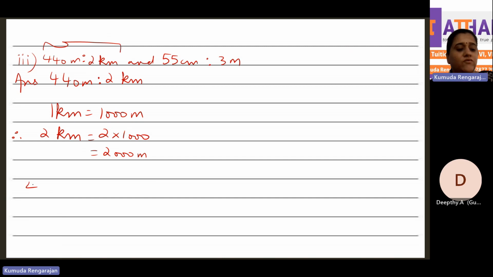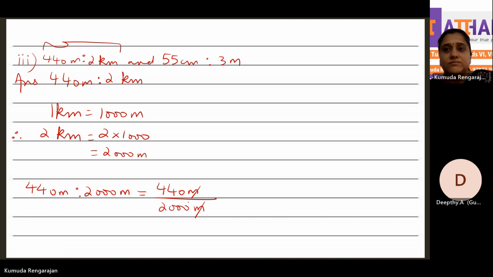440 meters is to 2000 meters, that is equal to 440 meters by 2000 meters. Meter cancels. 0 and 0 get cancelled. Then 4 table: 4 how many times 44? 11 times.